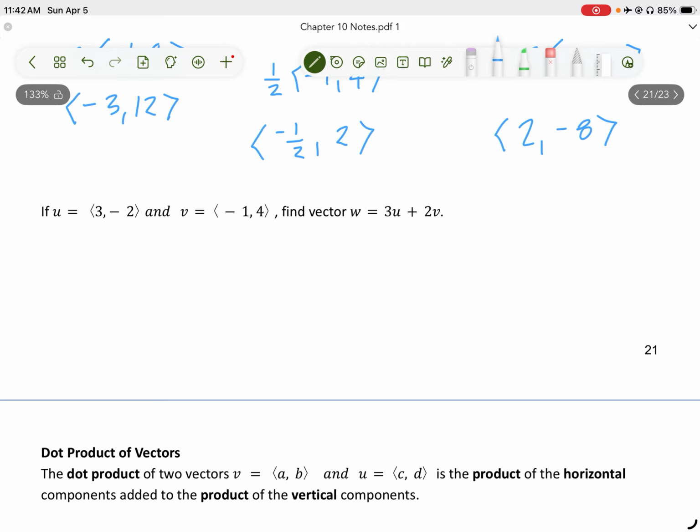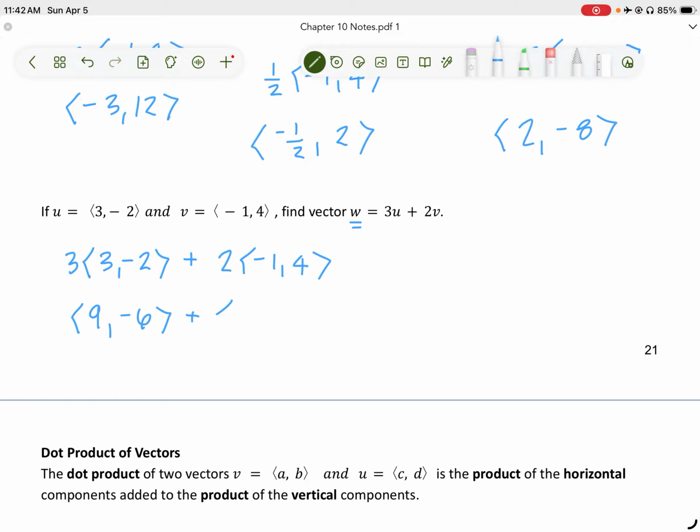Combining these concepts, if you want to find a new vector like w, which is a sum of two different vectors that were multiplied by something, we do both of those things. So we have 3 times the first vector plus 2 times the second vector. Then we have <9, -6> plus <-2, 8>.